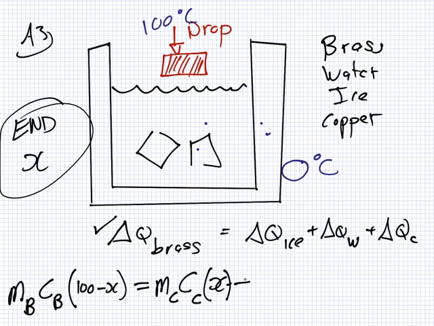What happens to the water? It also gains. So that'll be M for the water, heat capacity for the water, and then the temperature change from 0 to X, X minus 0.